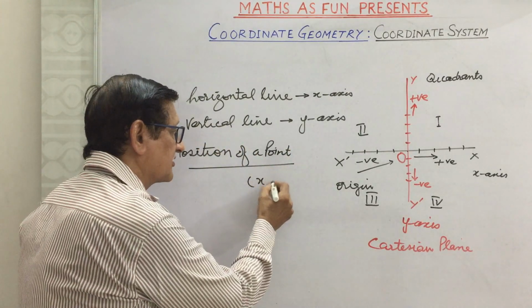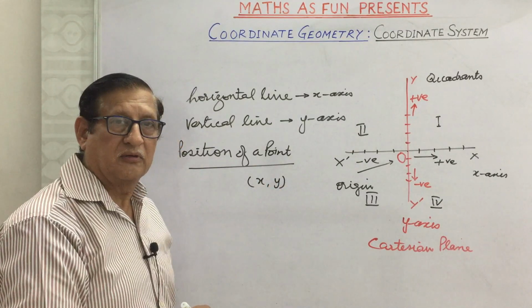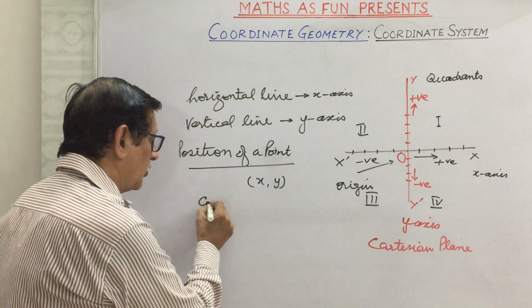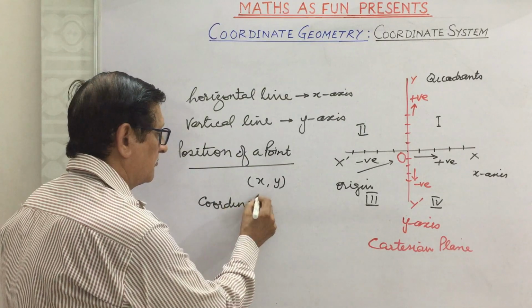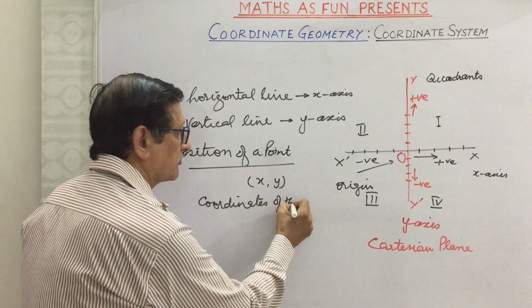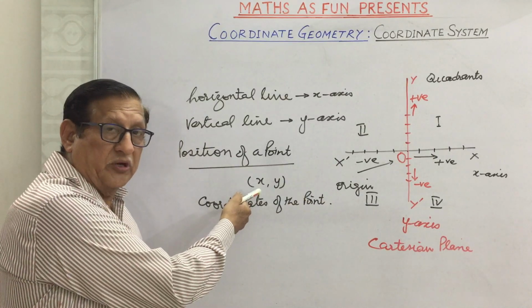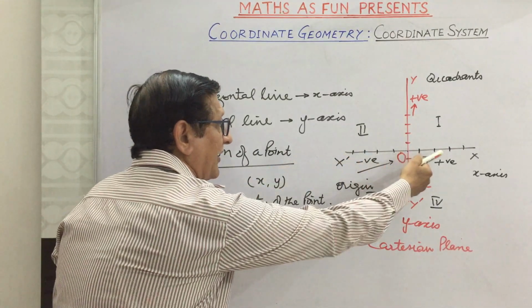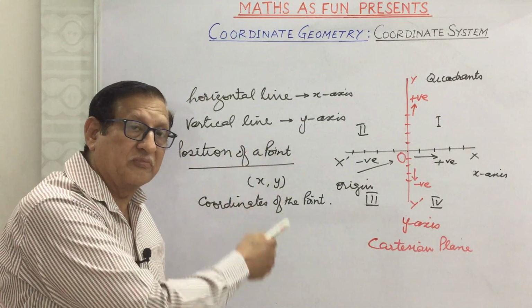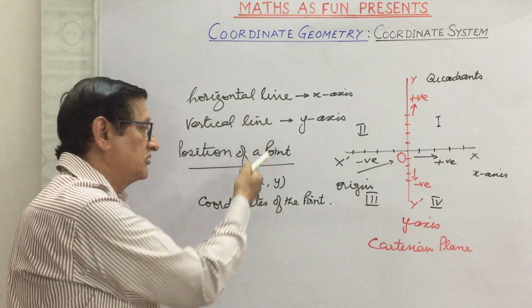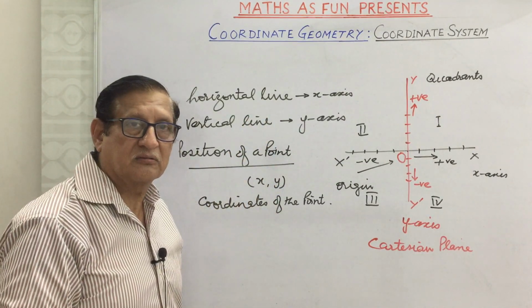We write this as x, y. These are known as the coordinates of the point. The first number is to be measured along the x-axis and from there y is to be measured along the y-axis.